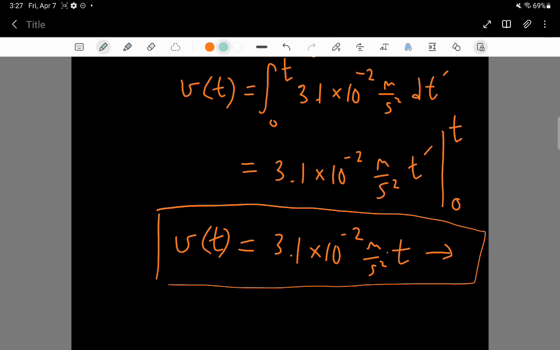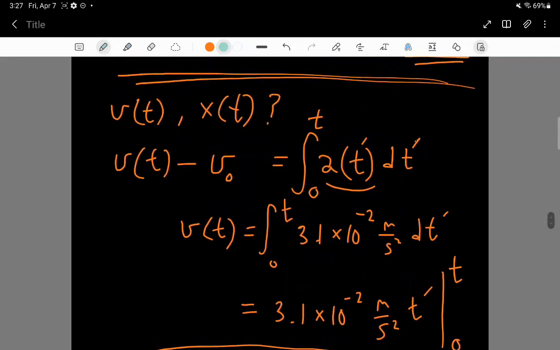And if you look at the units, I've got acceleration units, but acceleration times time gives distance per time, which is velocity units. Can you see that meter per second squared times time gives us the correct units? So this is the expression for the velocity as a function of time.